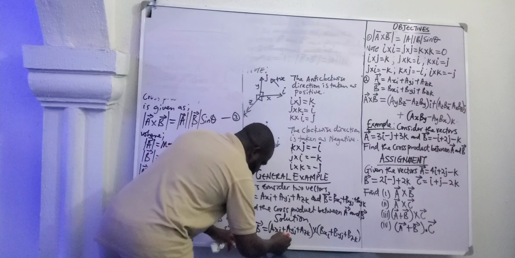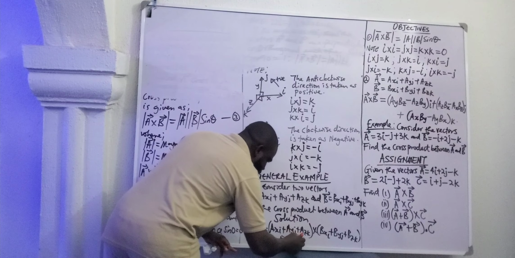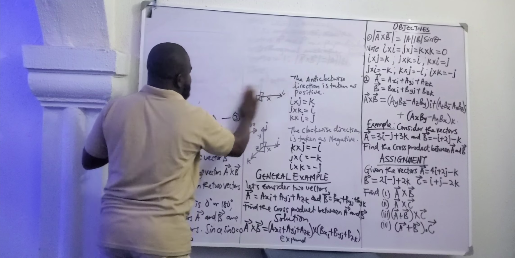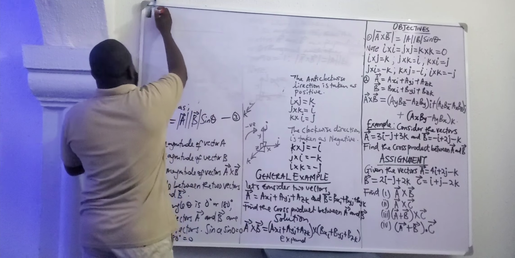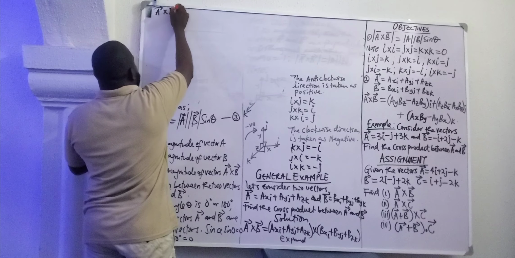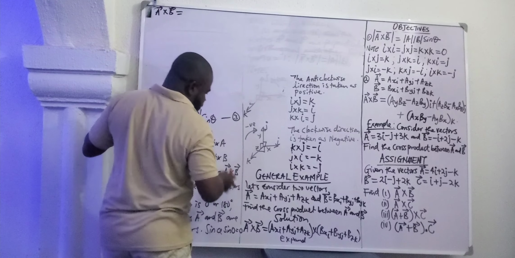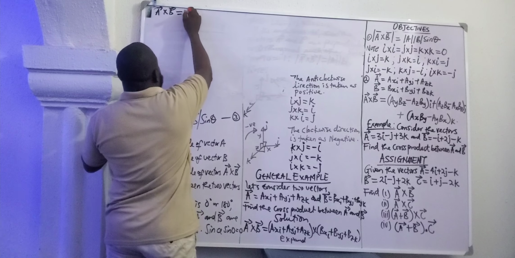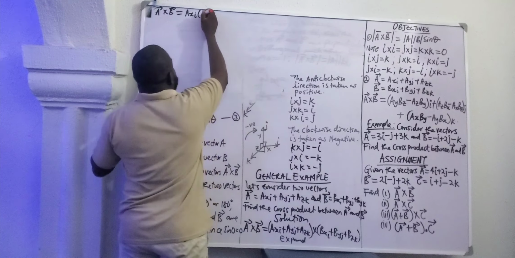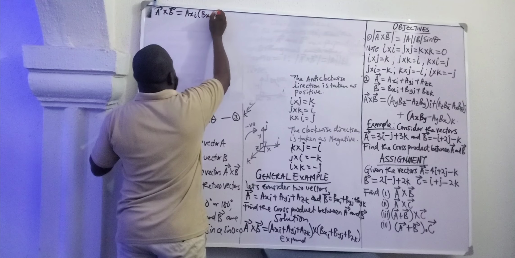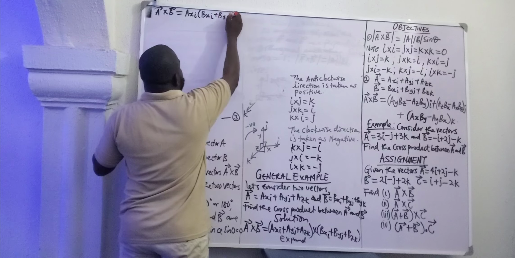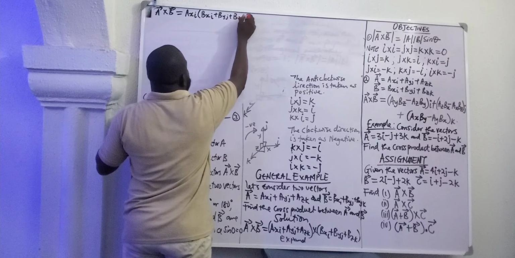Now we expand what we have, and that will give us A cross B. You have to be very vigilant in this expansion. You give us AX i to multiply BX i, BY j, BZ k.